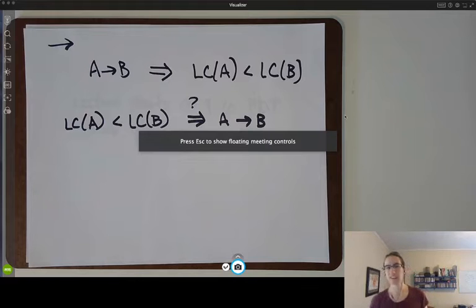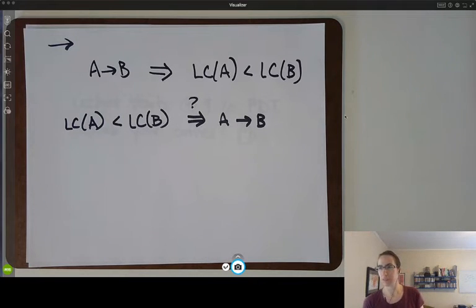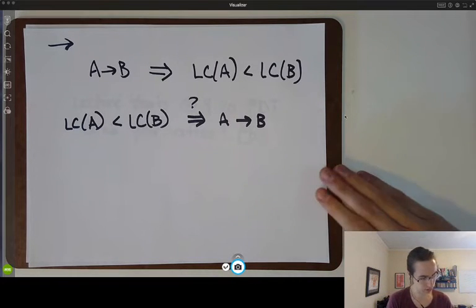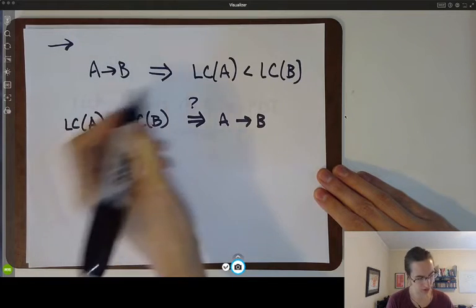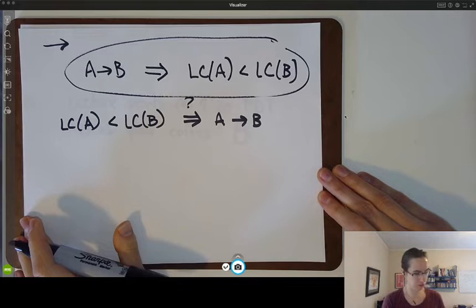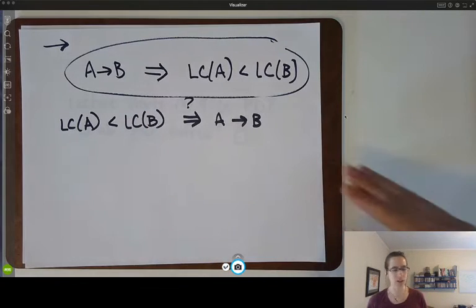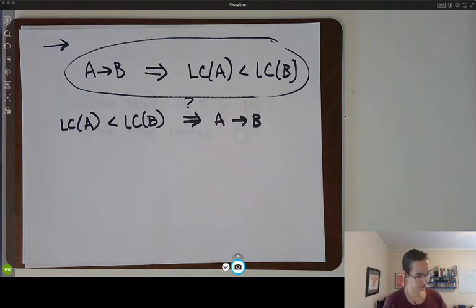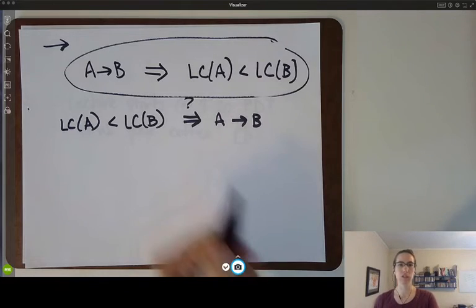All right. So now hopefully you see what I wrote down a second ago. The relationship of Lamport clocks and the happens before relation says that if A happens before B, then the Lamport clock of A is less than the Lamport clock of B. But this implication in the other direction, do you know that?